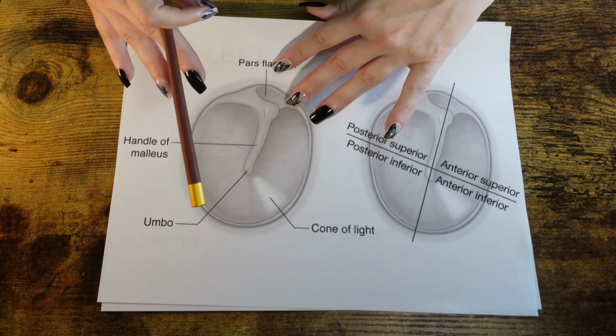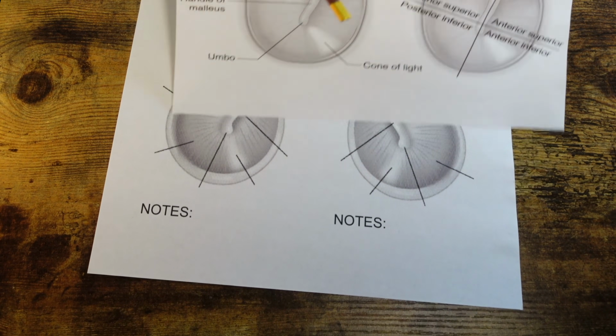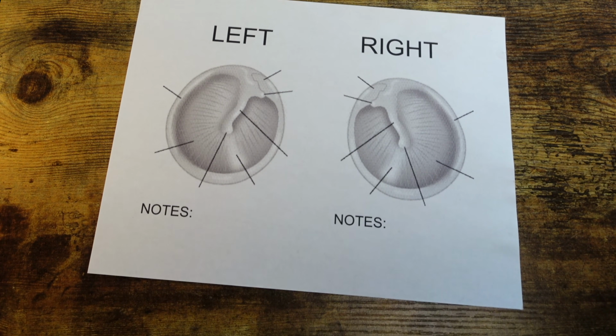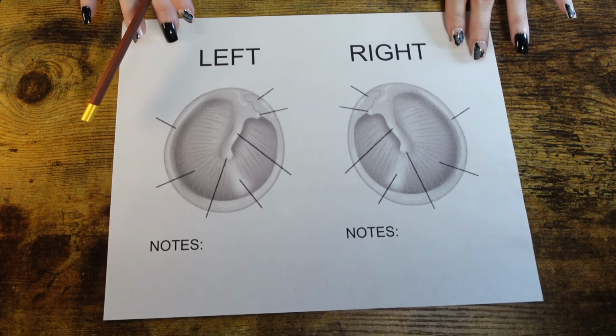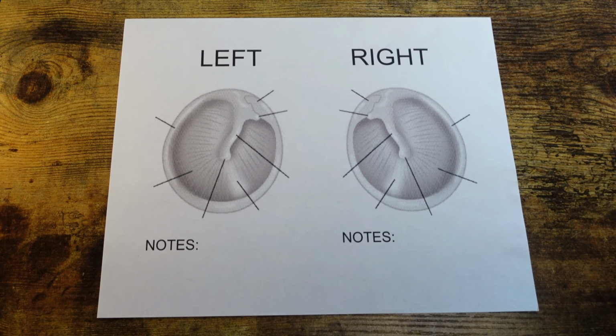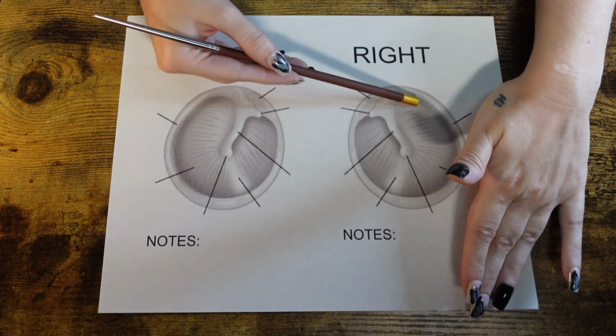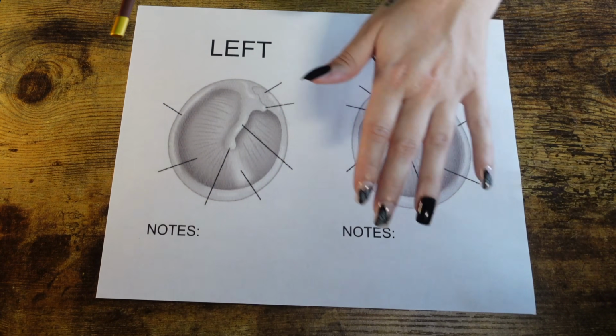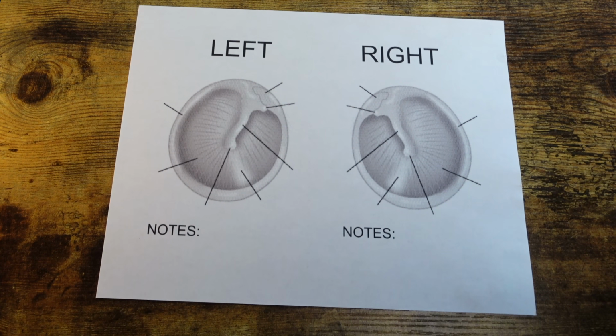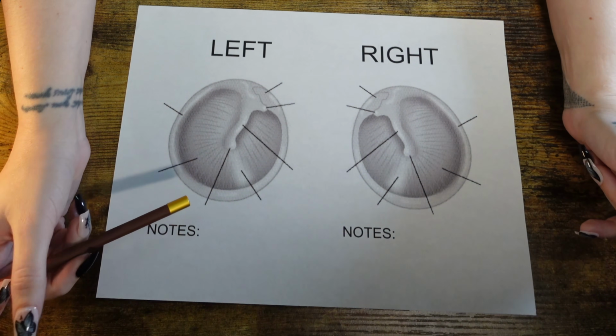All right, so this that you see right here, this is a blank chart, and this is what I will be using during the reading itself.